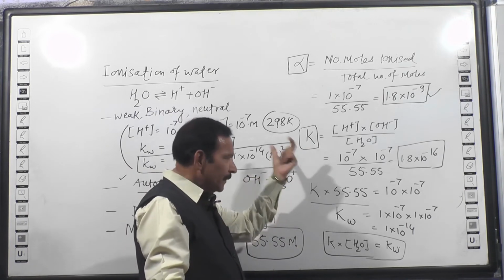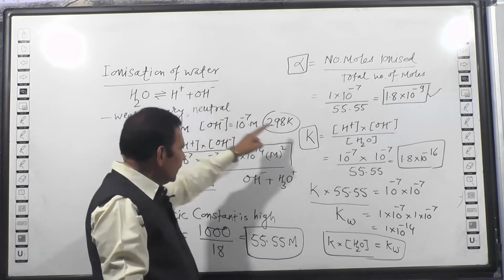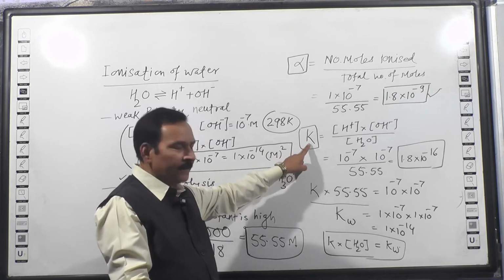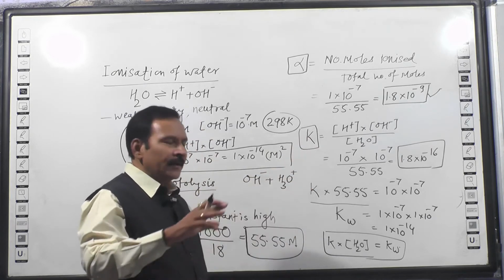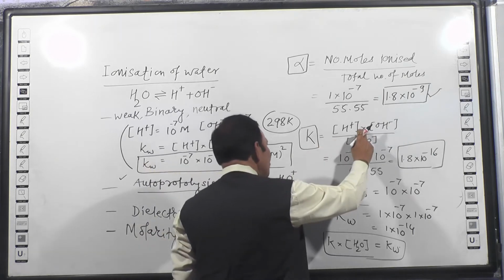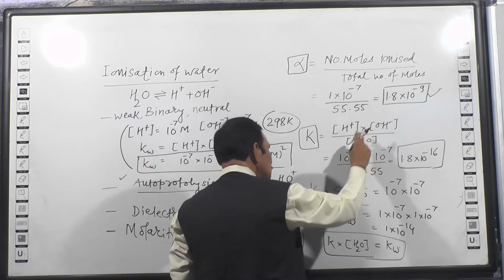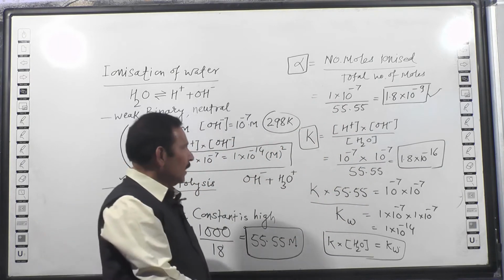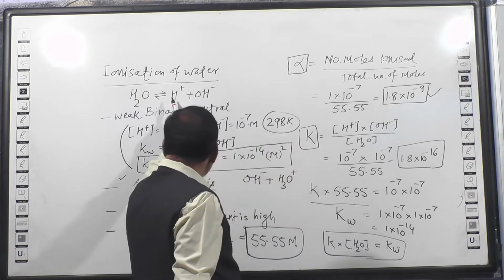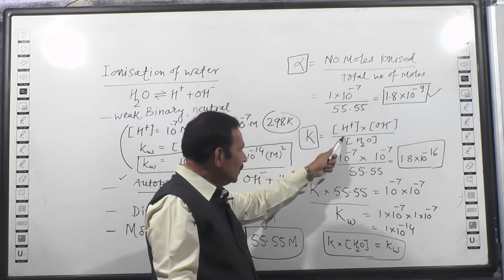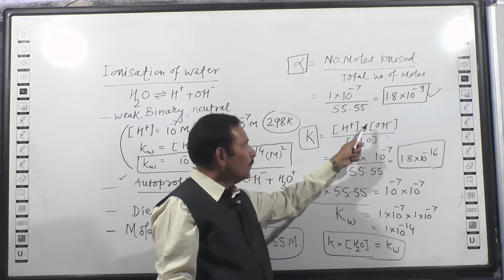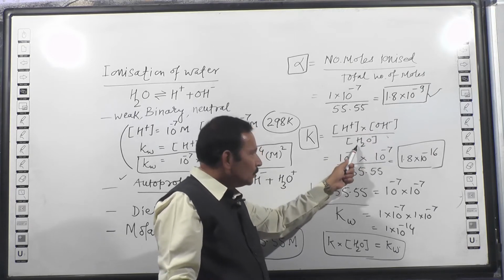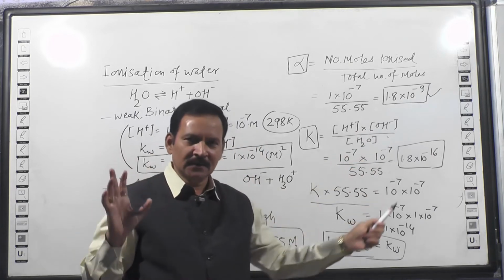If I apply law of mass action to this reaction, I will get a constant. And that constant will be denoted by K, called ionization constant. It is the ratio of product of concentration of products to the concentration of reactant.